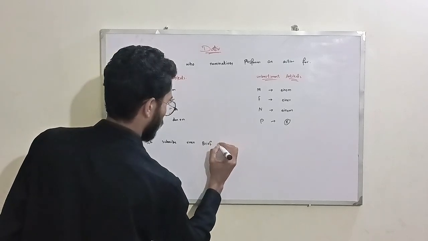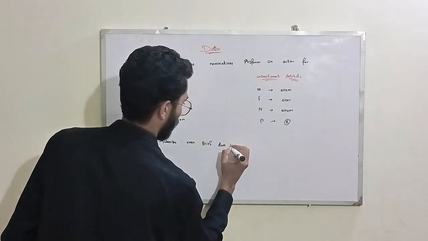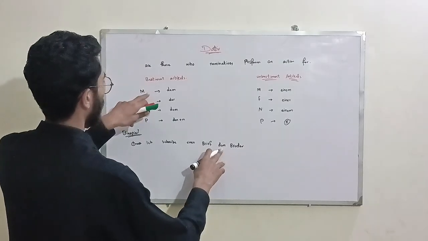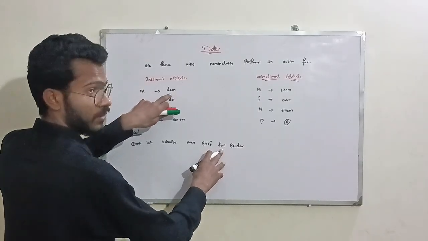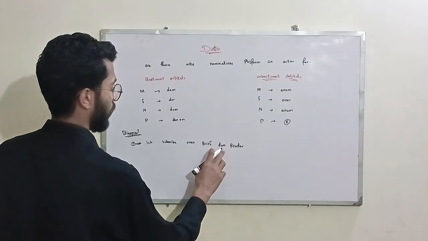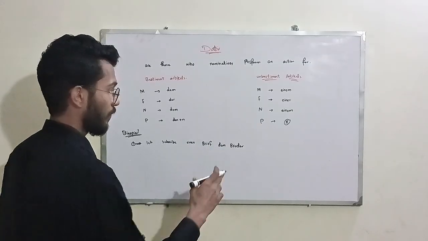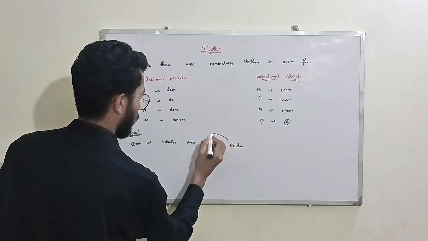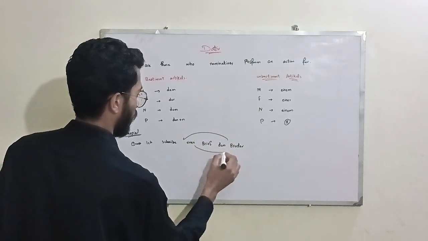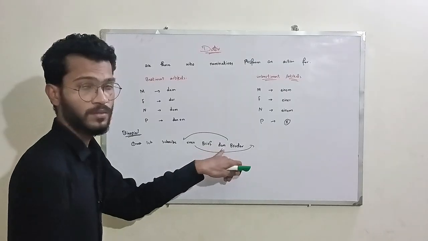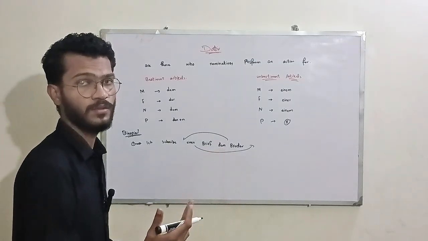I say dem Bruder. Dem is the article of the dative. Der article changes into dem. Dem Bruder. We change it because the dative comes before the accusative form.